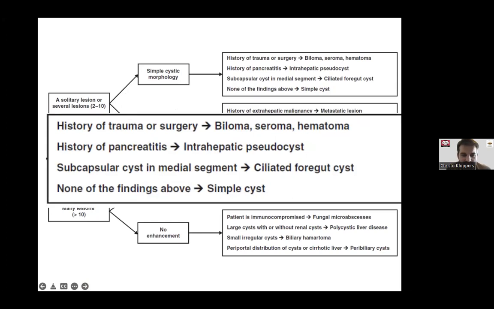And this is obviously trauma, iatrogenic or otherwise. History of pancreatitis. You occasionally will get intrahepatic collections related to pancreatitis. If you're lucky, you're going to see 1 or 2 ciliated foregut cysts in the liver or elsewhere in your career. And if it's none of those findings, and it is just a simple cyst.